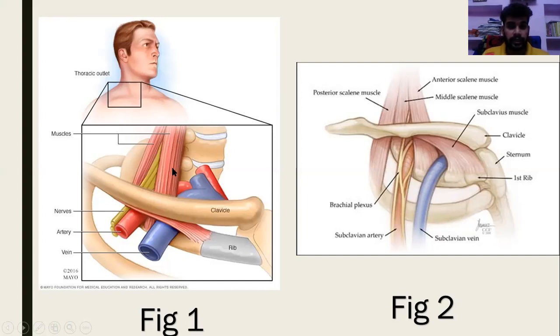Here we clearly show the scalene muscles, brachial plexus, subclavian vein and subclavian artery. When all are compressed, thoracic outlet syndrome occurs.